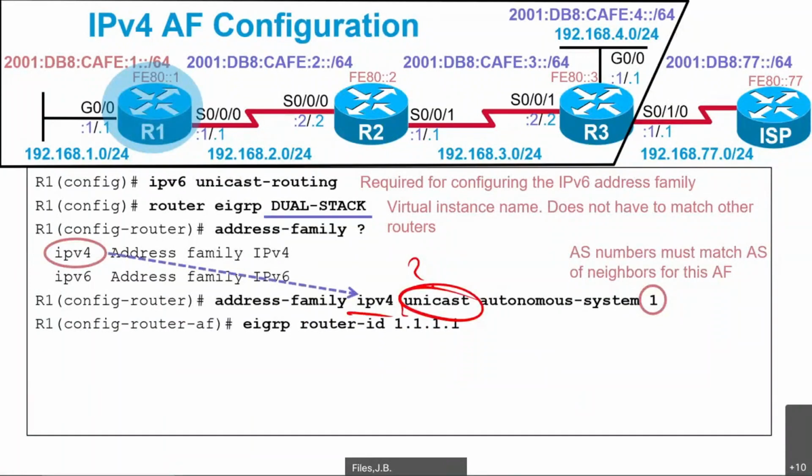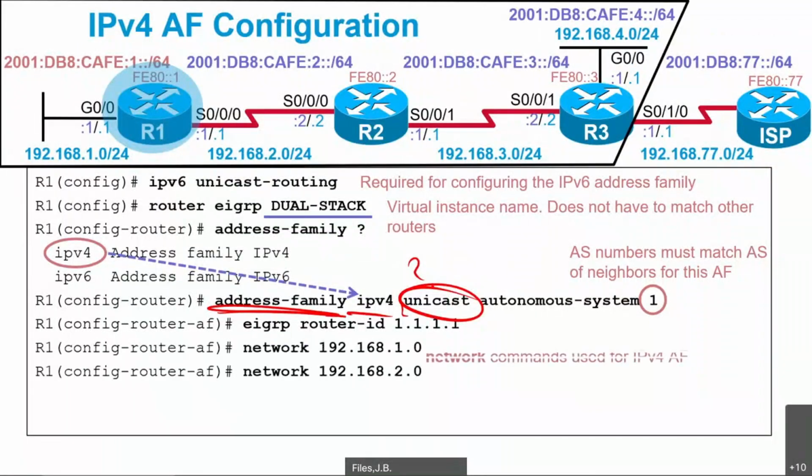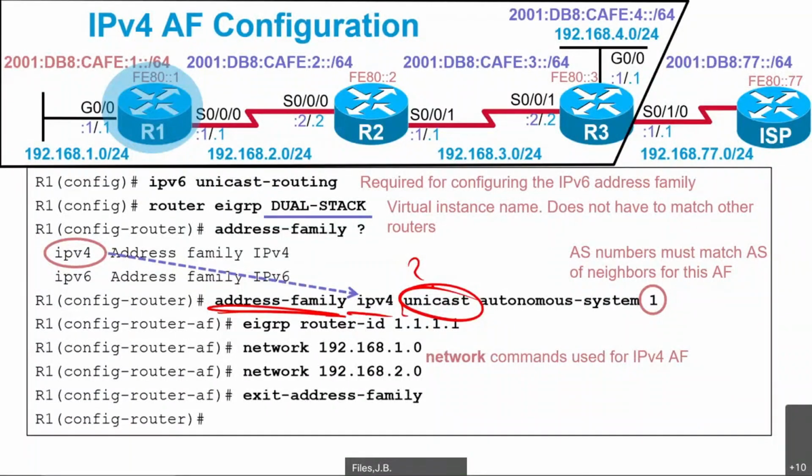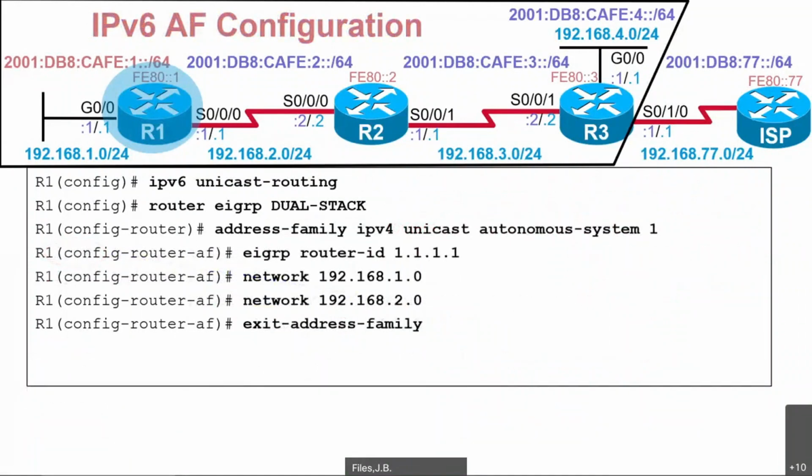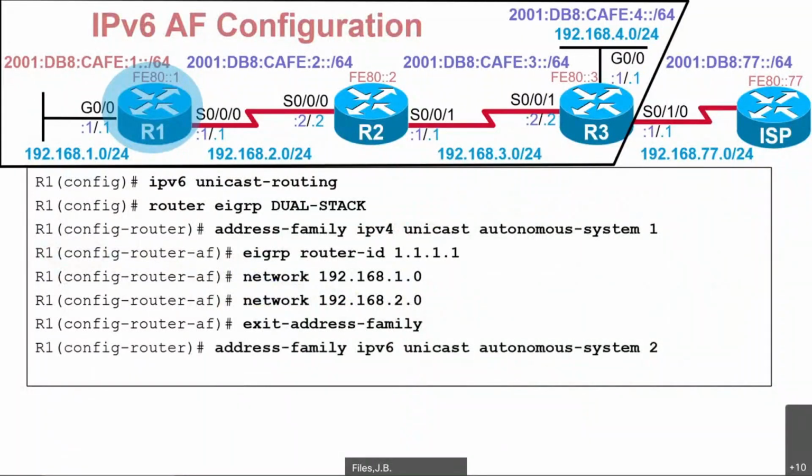Okay. Then we're now in address family configuration mode. That's like the main EIGRP configuration mode was in Classic. Okay. In IPv4, we can still use the network commands. Okay. Although you can also just go straight to the interfaces, even for IPv4. Okay. For IPv6, it looks pretty much the same. Okay.